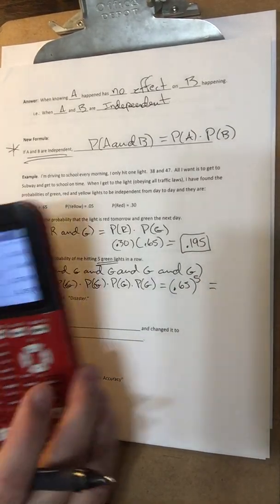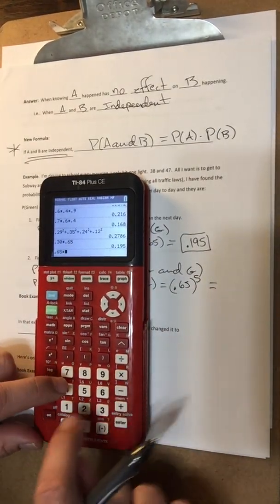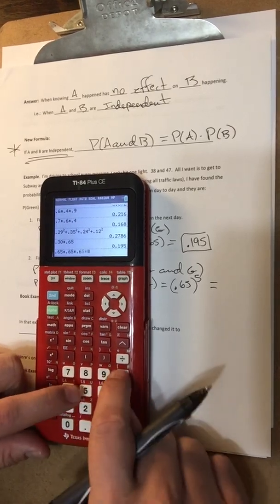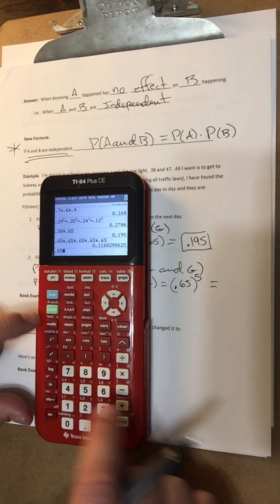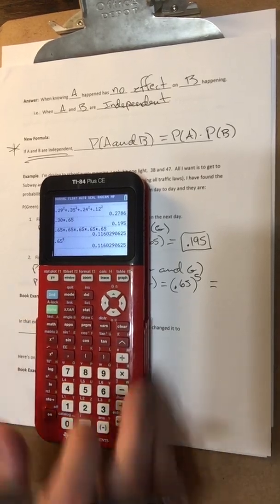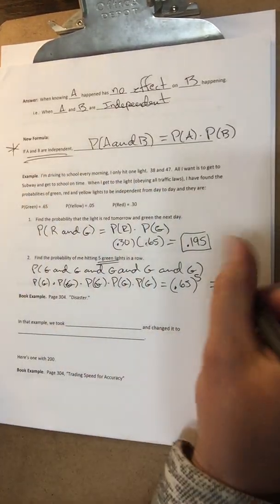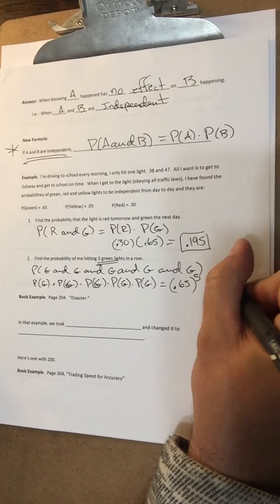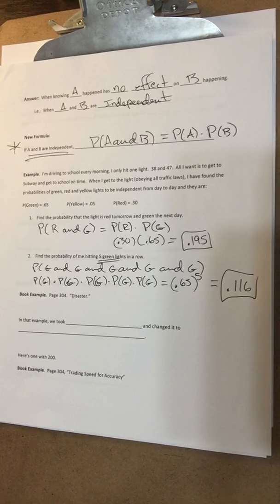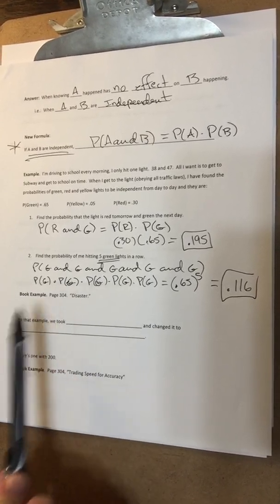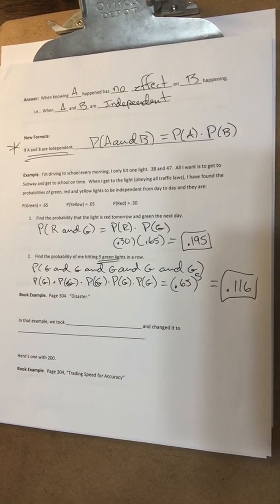So I'm going to go to my calculator, and I can either write out 0.65 times itself 5 times like a chump, or I could go 0.65 to the 5th. Save myself a minute. There is a 0.116 as a probability, so there's about a 12% chance that on a given week when driving to school, way back when I used to drive to school and not just walk into my office, that I would get 0.116.